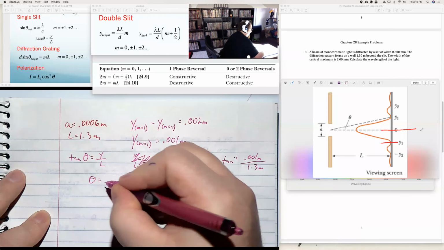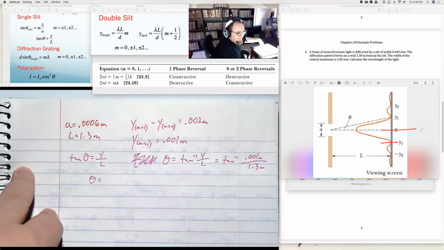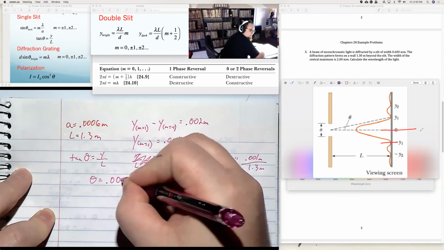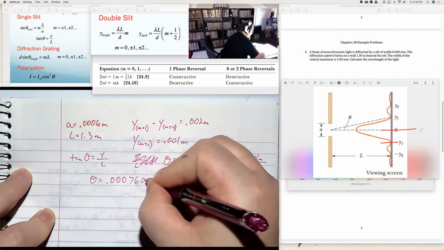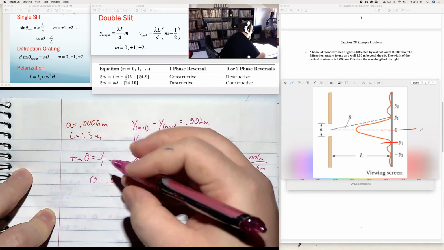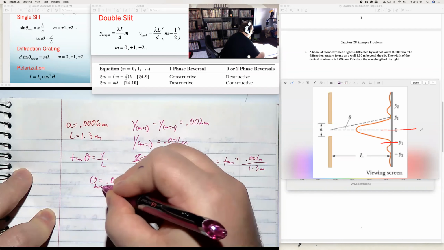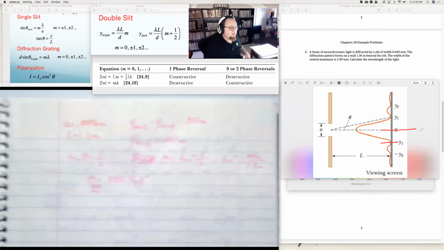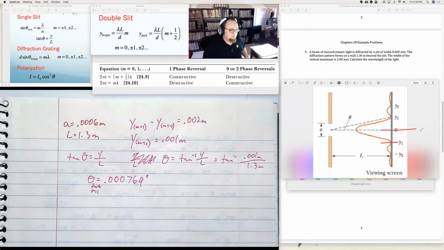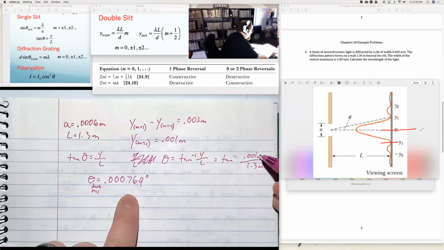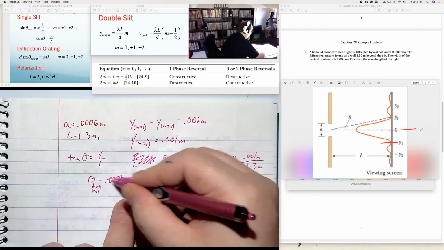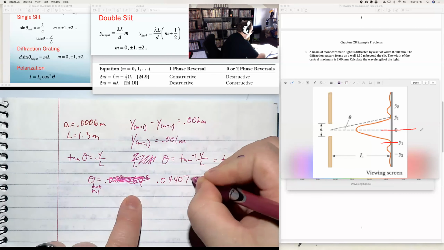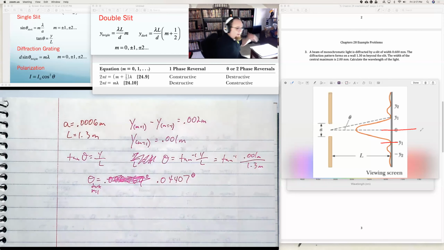When I do that math, I get a tiny angle, 0.000769. Oh, sorry, that's a lie. That's just y over L, before I take the inverse tangent. I read the wrong line. It's 0.04407 degrees.